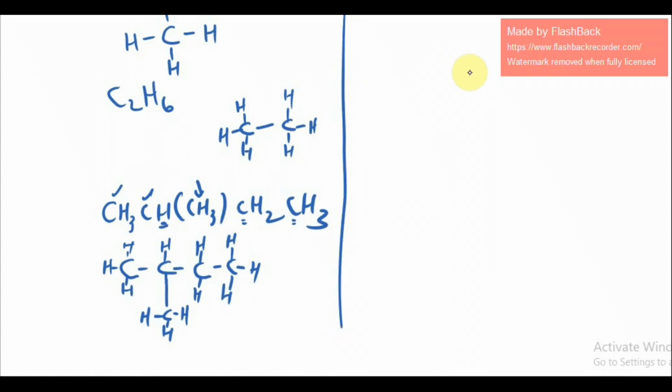Let me draw another one here. Let's look at this one: H2, H1, H1, H3. Then we have another H3. Since we have this H3 and this H3, this one is a branch. So the parent chain has 1, 2, 3, and 1, 2, 3, and this one is number 4.